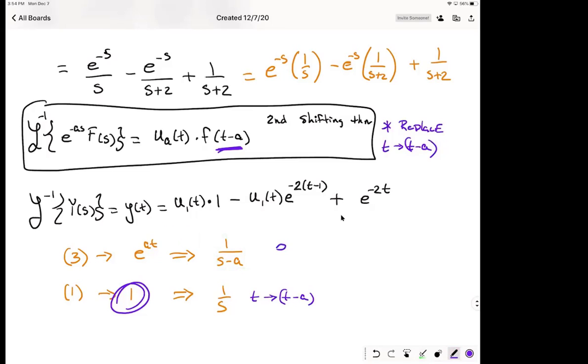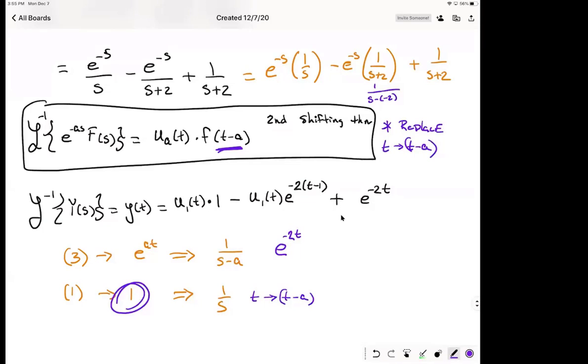So in this case, I have e to the a, which is s plus 2, e to the a, which is e to the s plus 2. So this is 1 over s minus minus 2. And so I need to have e to the minus 2 times t would be the normal Laplace transform for that term, the 1 over s plus 2.